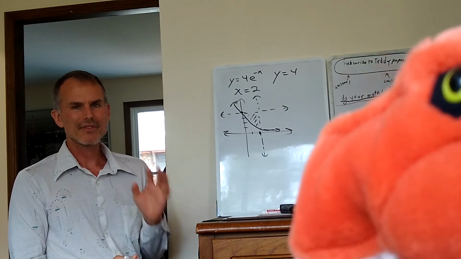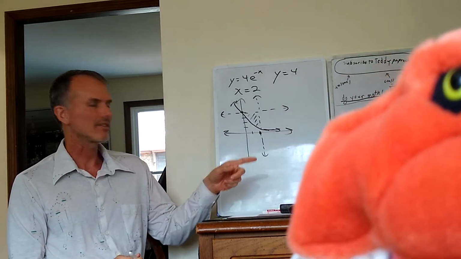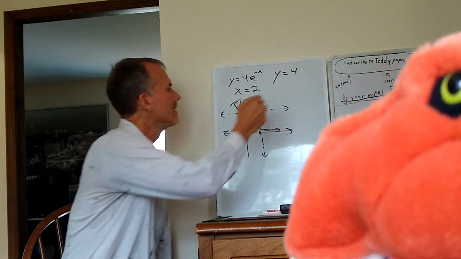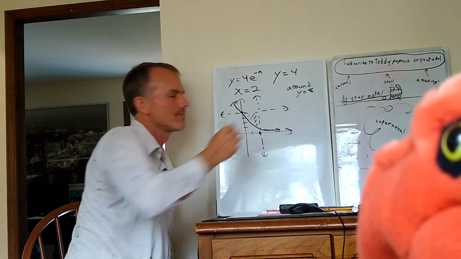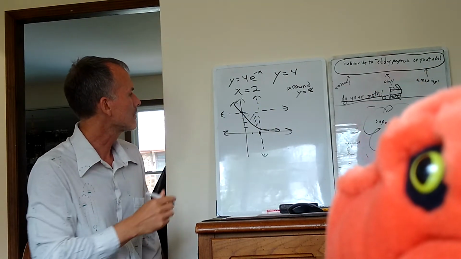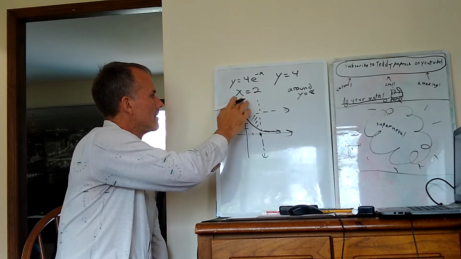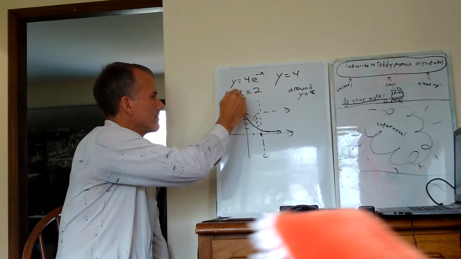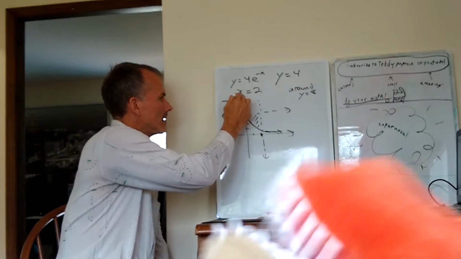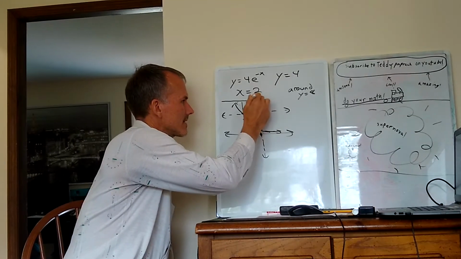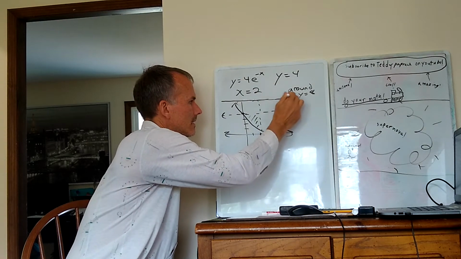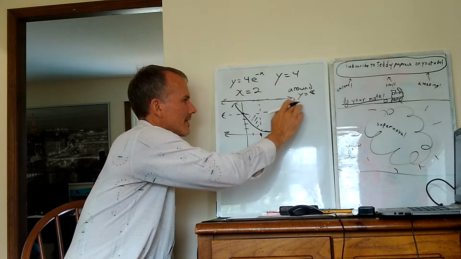So we're going to revolve that region around a specified line. The specified line is y equals 8. Let me make a little room here. That's up here. That's going to be y equals 8 right here.